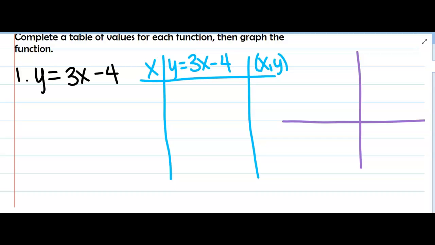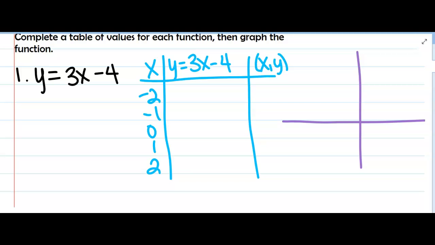But we do want to include some positive and negative numbers. You're going to do the same thing when you get to your homework. I want you to plug in -2 and -1. We'll plug in 0, 1, and 2. So we're keeping it consistent. We're going in order. Notice we have negative numbers and positive numbers, but they're the easiest options to work with. And then you're just going to plug these numbers in.